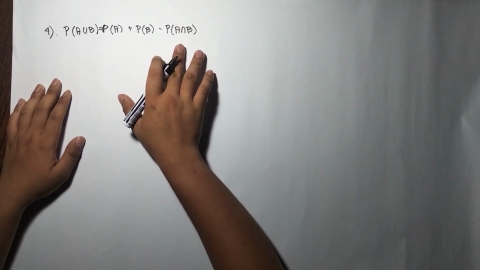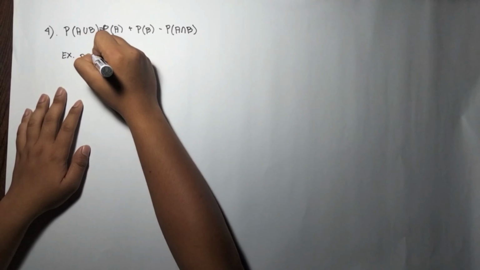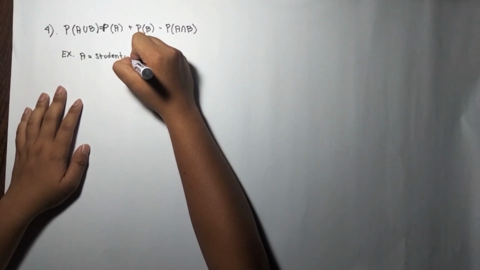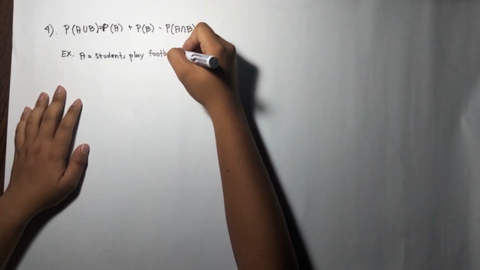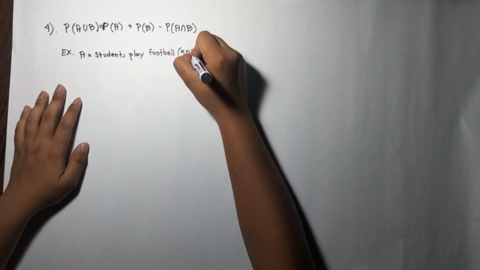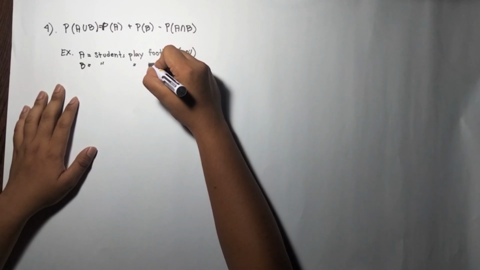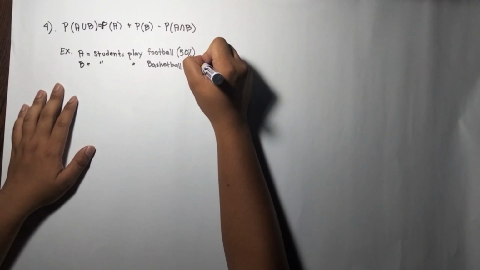For example, let's say event A are students who play football, which is 50%. And event B are students who play basketball, which is 40%. And 20% of players play both. Let's convert all percentages into decimals.